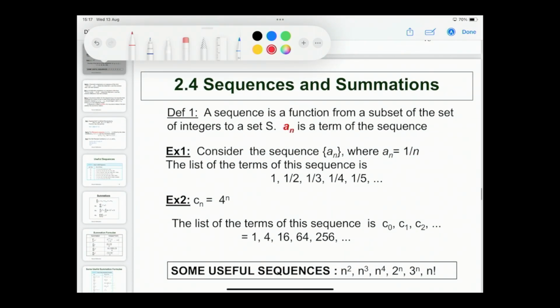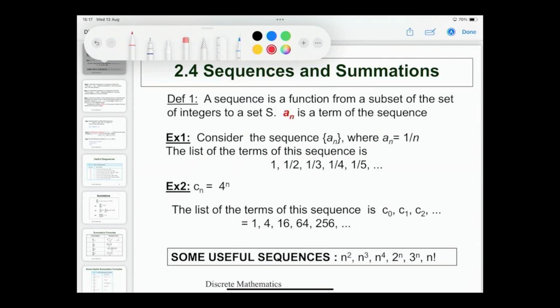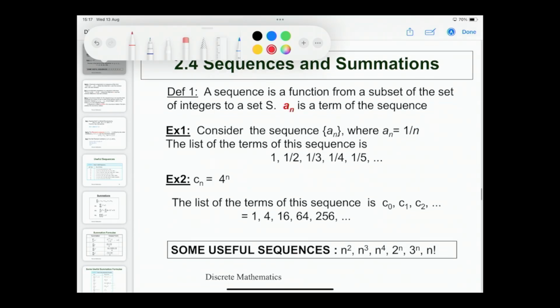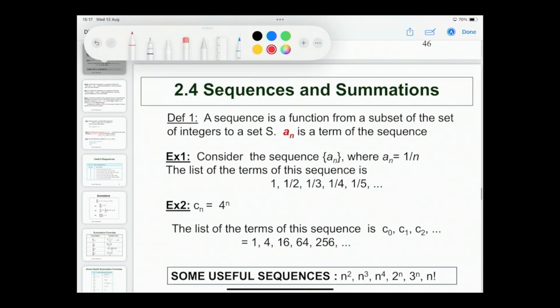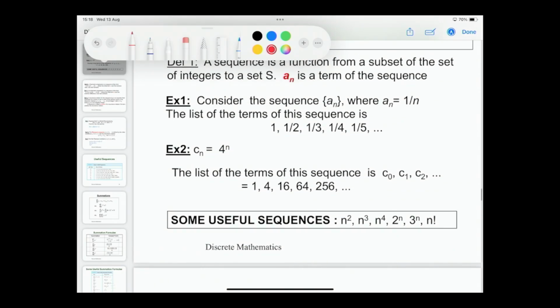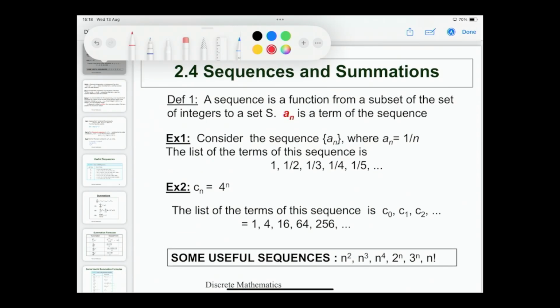The sequences and summation, we are already familiar with sequences like a_n, or like if a_n is equal to 4 to the power of n or something like this, right? We just plug in the number n. n is 1, 2, 3, and so on. Then we find out the corresponding values as a sequence.